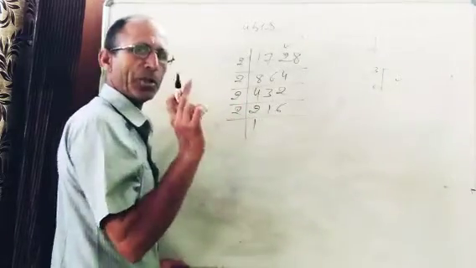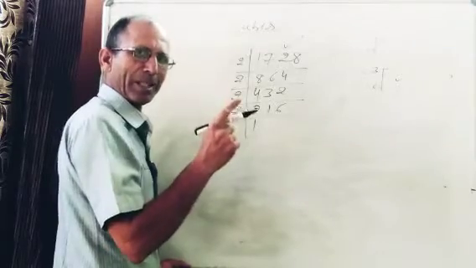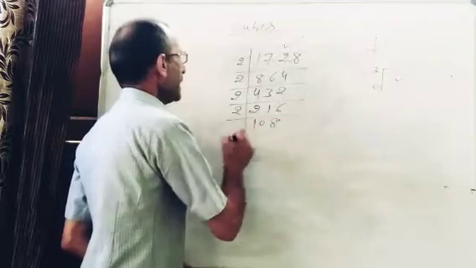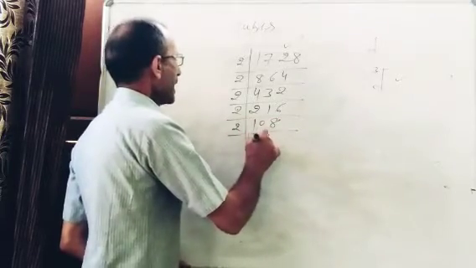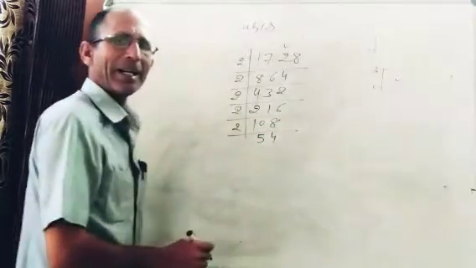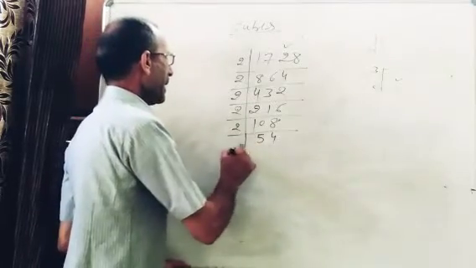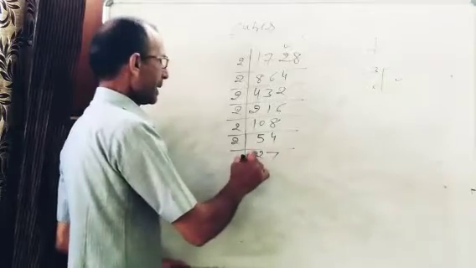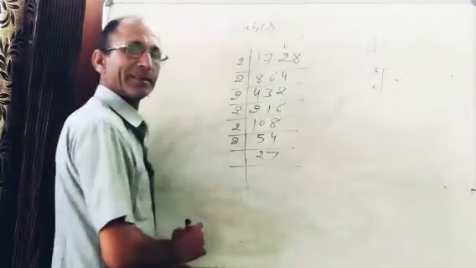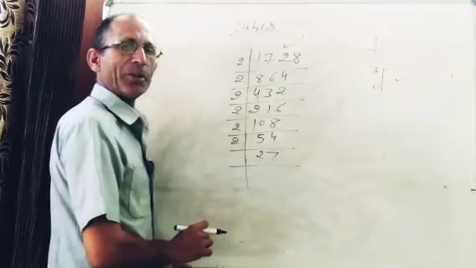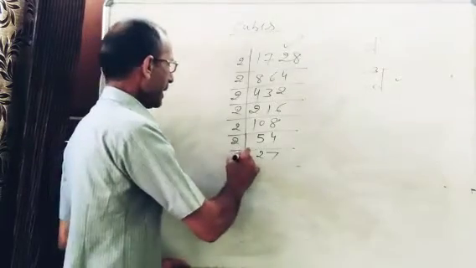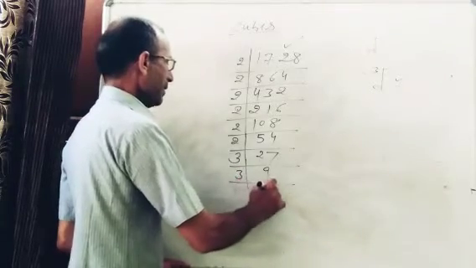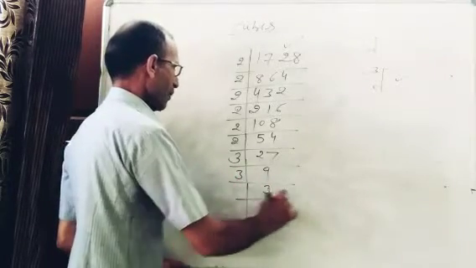Now 1 is not divisible by 2, so we need one more digit. It means 6, so we put 0 here. 8, 2 times 5 is 10. 2 times 4 is 8. Again by 2. Divide by 2, the result is 27. Now 27 is not divisible by 2, so take 3. 3 times 9 is 27. Again by 3, 3 times 3 is 1.